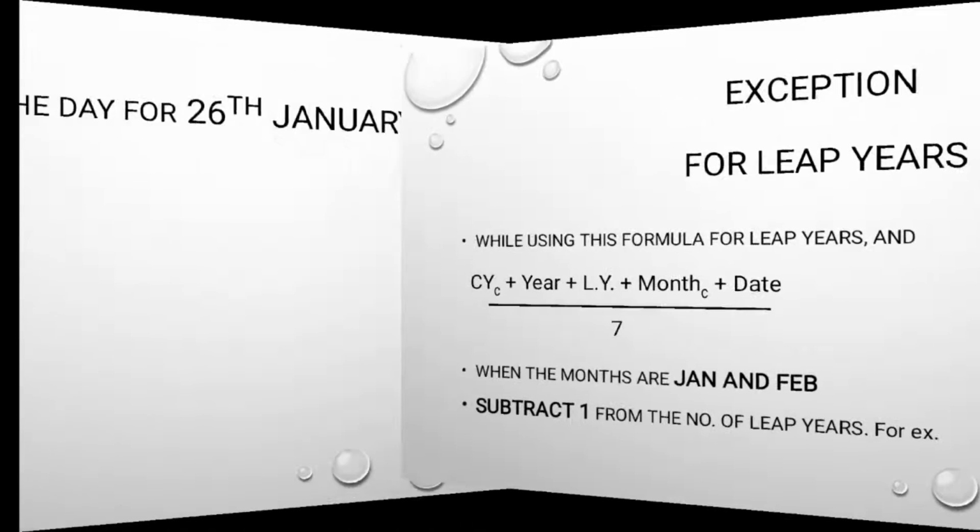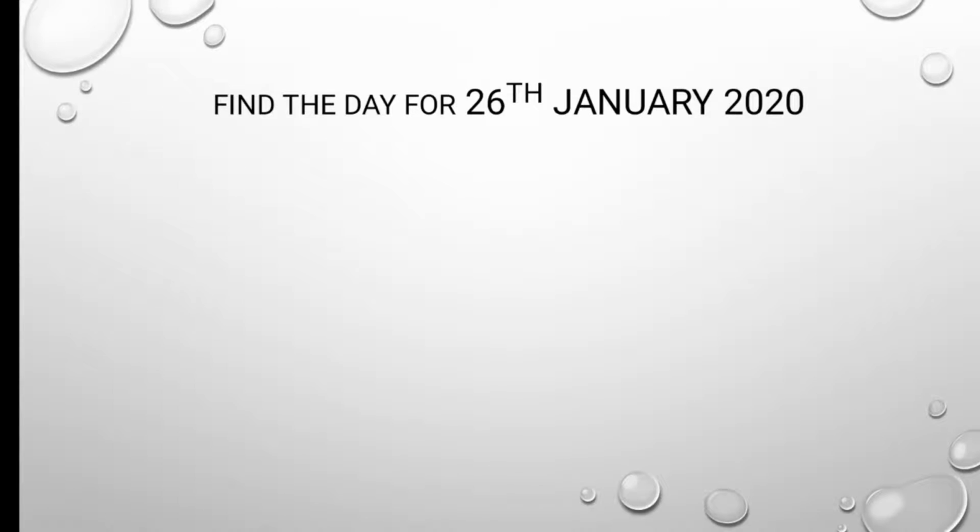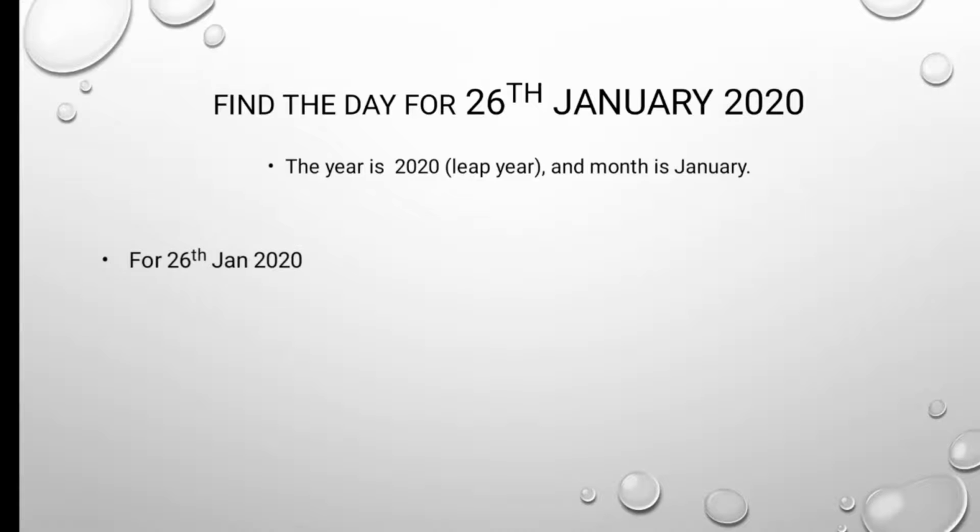Let us take an example for this question also. Let's say we are supposed to find the day for 26th January 2020. Like we did in the previous question, we'll find the parameters. What are the values for all the parameters of the formula? The year is 2020, which is a leap year, and the month is January. So this is a case for the exception. For 26th January 2020, the date is 26 itself.